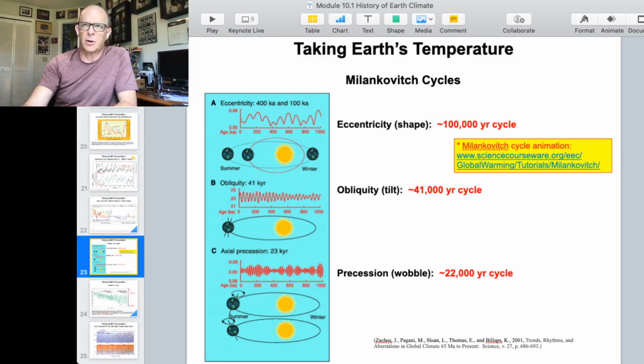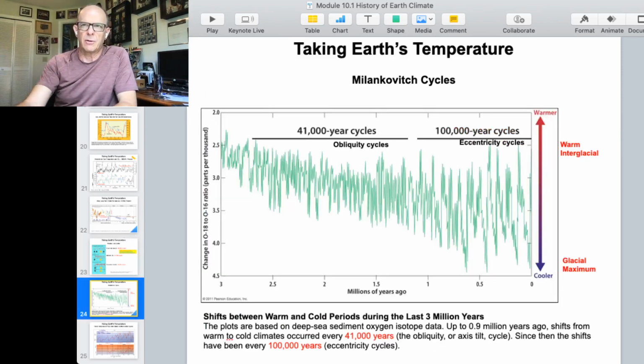That's this term called eccentricity. The tilt of the Earth's spin axis, that's currently 23.5 degrees, and it's how much the North Pole points towards the sun in the summer and how much it points away from it in the winter. And then there's a wobbling of that axis as well. And all of those things result in little different inputs of solar energy to the Earth.